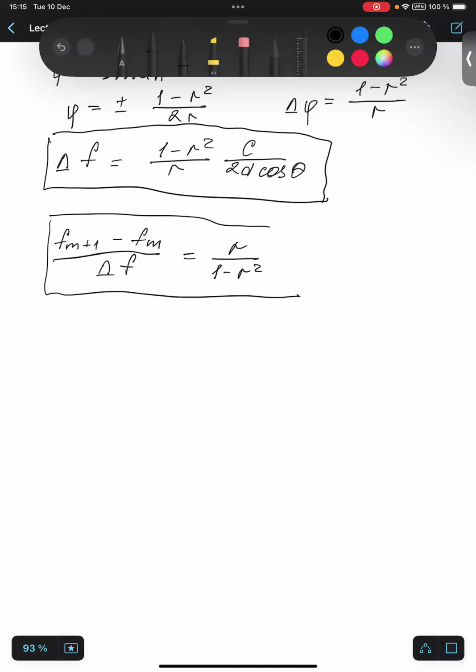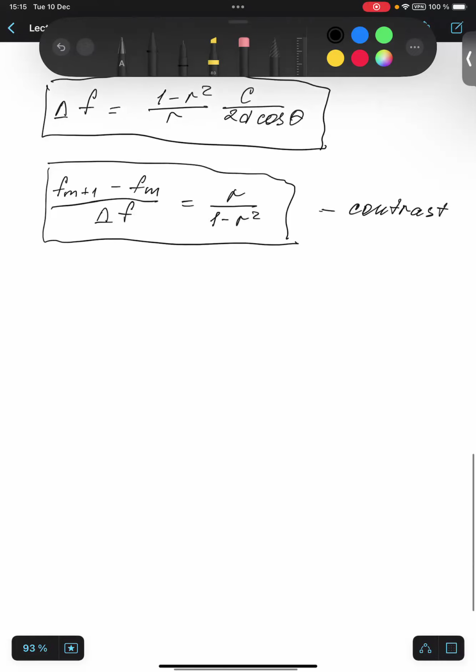This is the contrast. Maybe I'm wrong, but in some literature it is called finesse.